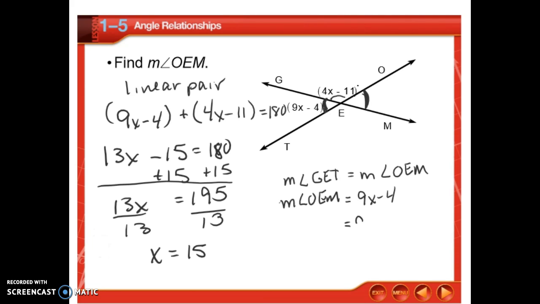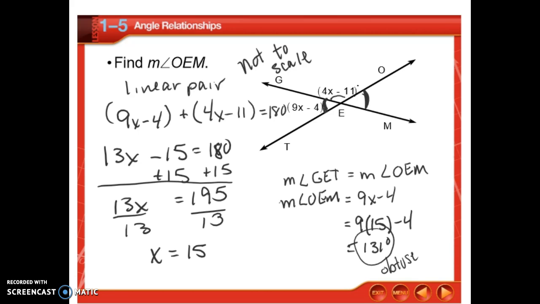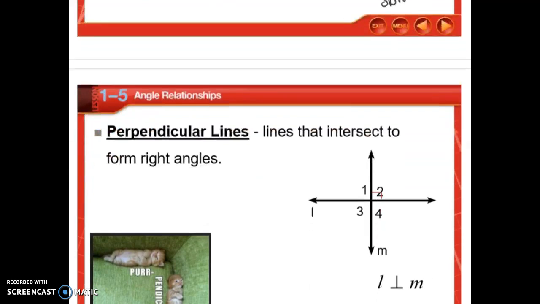So the measure of angle OEM is 9 times 15 minus 4. So that equals 131. So that would be the measure of angle OEM. But notice this drawing is not to scale, okay? You have to be careful, because this is an obtuse angle, but by the drawing, this is acute, so you have to watch out for that. Sometimes the book will do that.